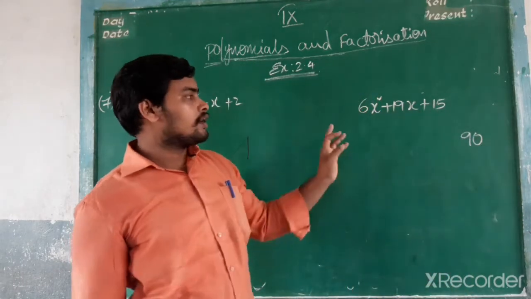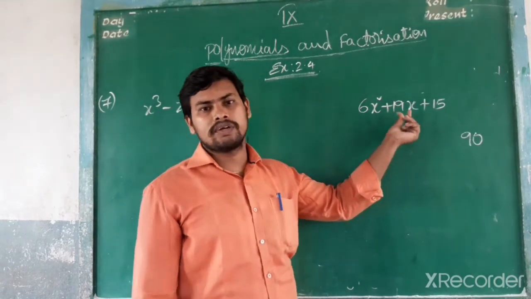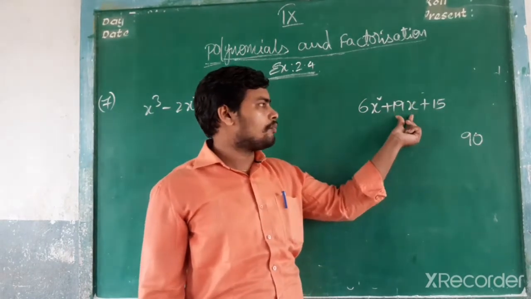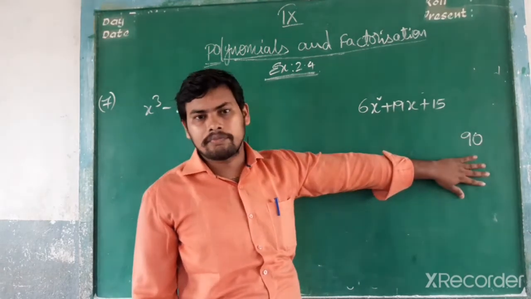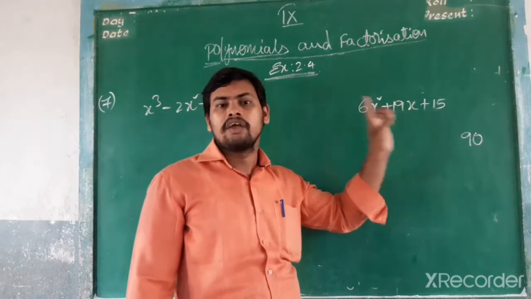So now you have to split the middle term based on 90. We need two numbers whose sum is 19 and whose product is 90.